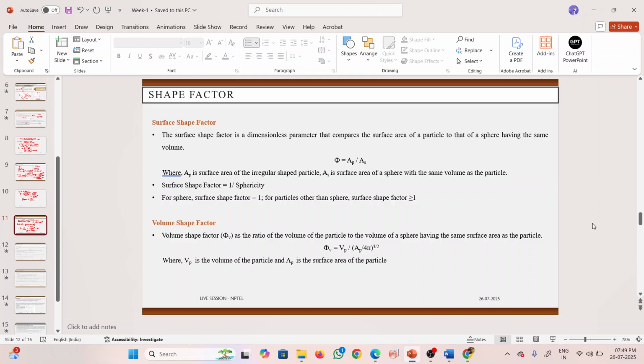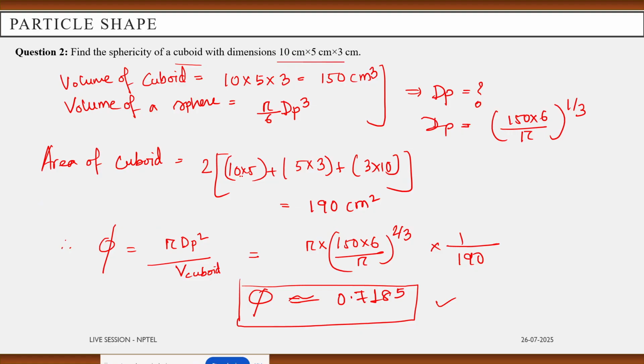This value of the cuboid comes 0.7185, and we followed these simple equations step by step, and we equated these two volumes to get the equivalent diameter dp for the sphere, and we then followed the equation of sphericity, that is area of the sphere by surface area of the particle.